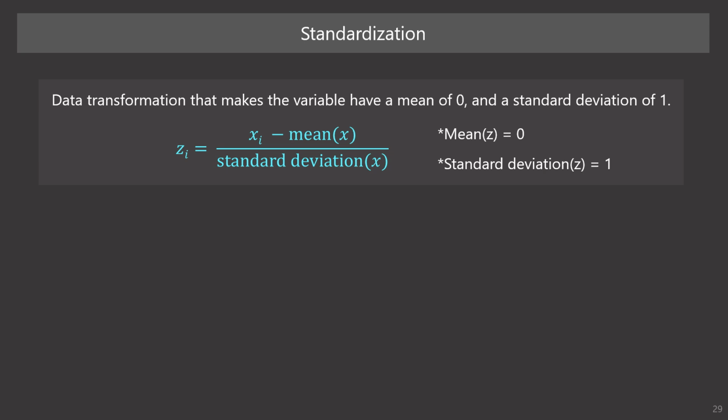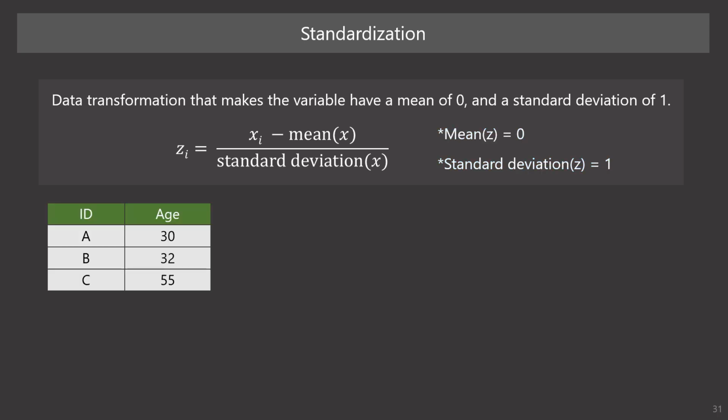We subtract a mean from observed value and then divide it by the standard deviation. The standardized value is called a z-score. A z-score has a mean of 0 and a standard deviation of 1. Using z-scores, we can compare variables with different units.